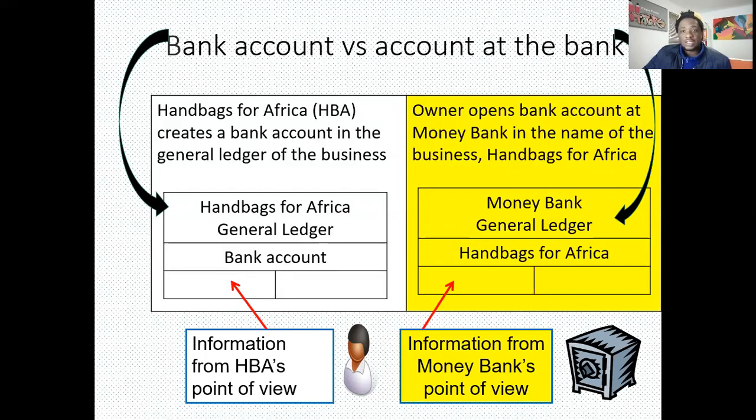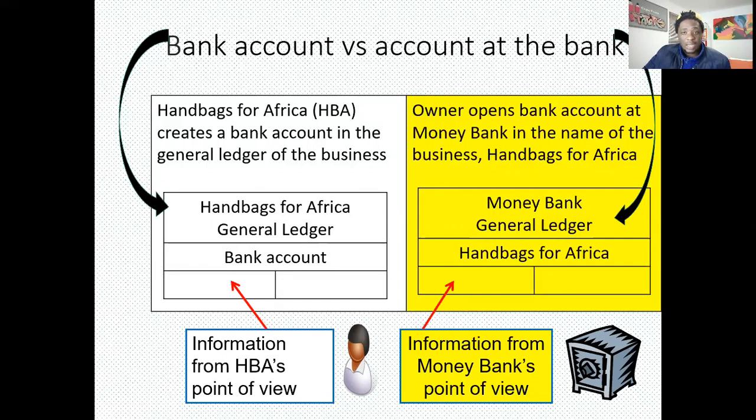So if you understand these perspectives well, the bank for the business is an asset. So when assets increase, they increase on the debit, and when assets decrease, they decrease on the credit. Whereas for liabilities, the money that Handbags for Africa puts into the bank account at Money Bank is a liability to them, because once Handbags for Africa puts money into the bank account, it means that Money Bank now has a liability to return that money to Handbags for Africa when they want it.